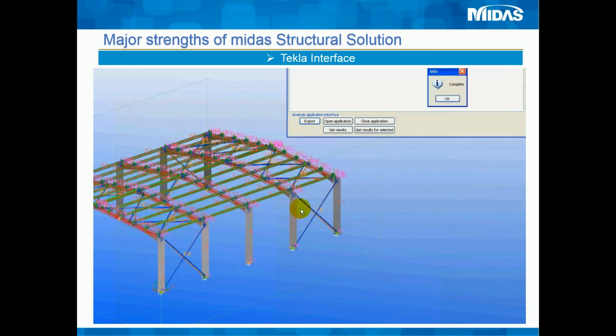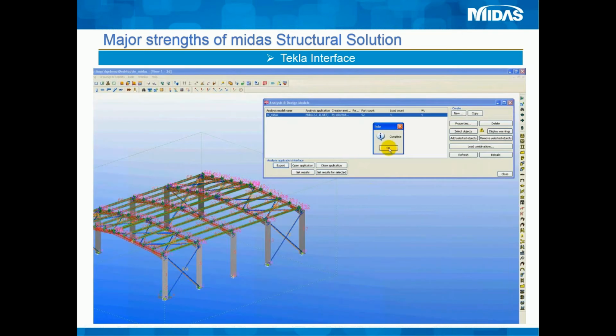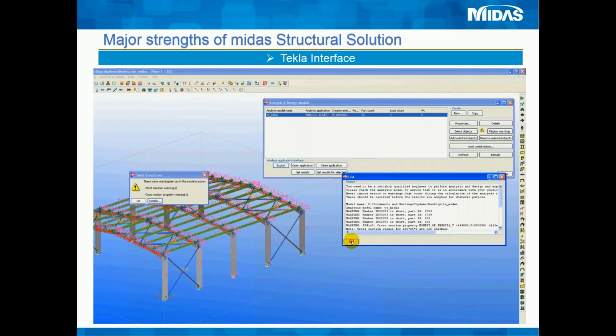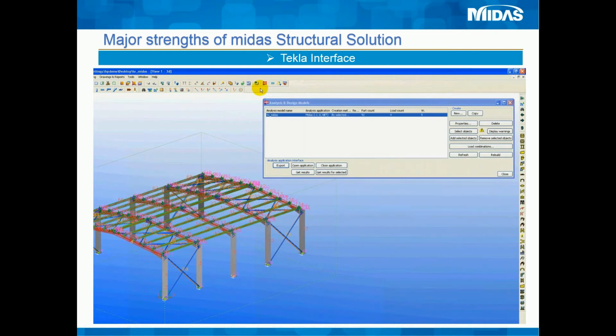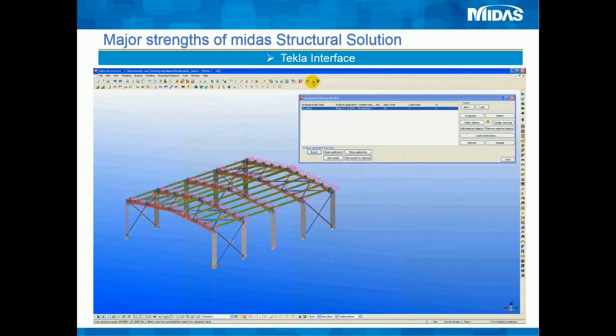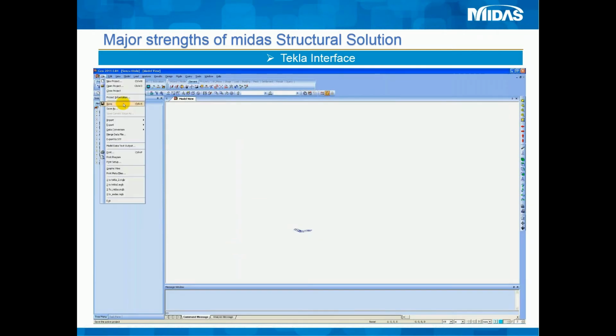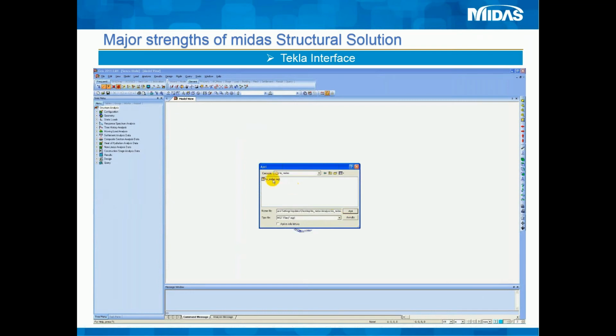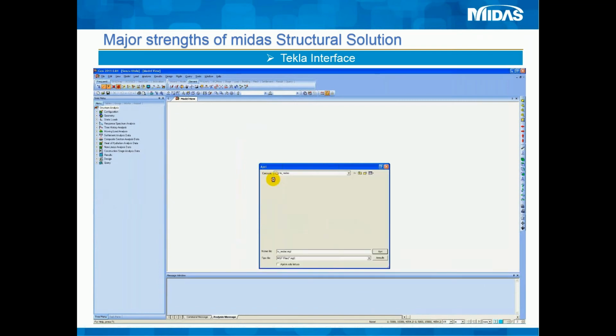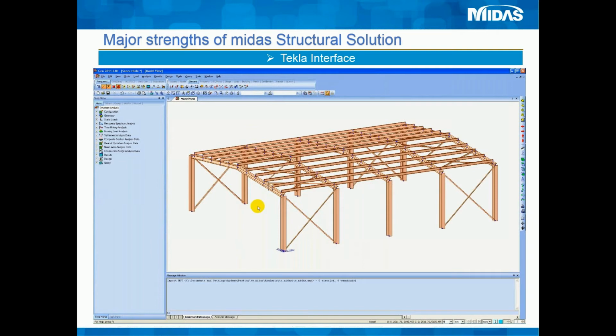We have checked on over here loads as well as the links to be imported. Now this would be saving the file, and after that we will import it in the MIDAS program. And here we go, we got the model in MIDAS Gen from Tekla.